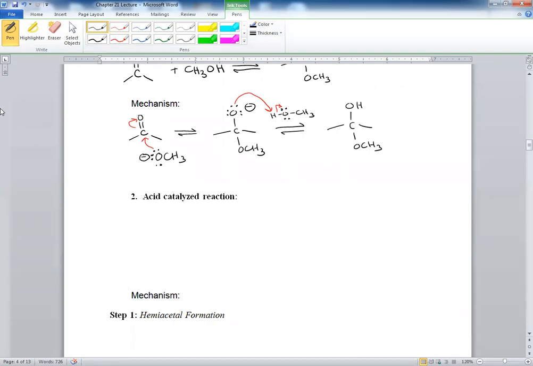So let's look at the acid catalyzed. Well, let's actually first write the reaction.